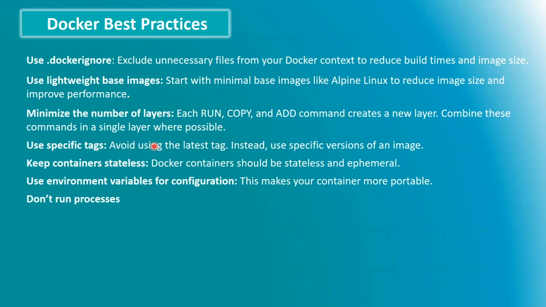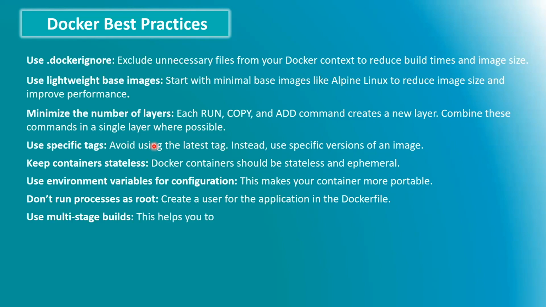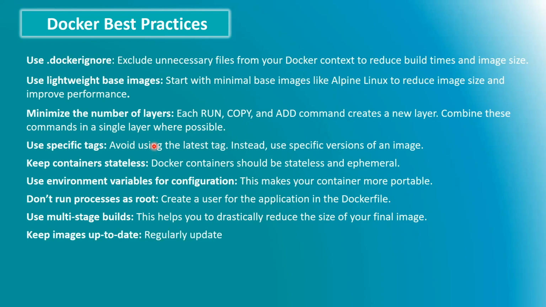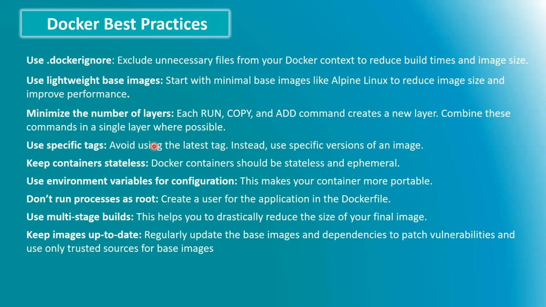Next, don't run processes using root login. This is a very important security best practice. Instead of using root login, create a user with required privileges. Then use multi-stage builds. Multi-stage builds will help you to drastically reduce the size of your Docker image. Then next, keep images up to date. We discussed this during image versioning. Regularly update the base image and dependencies to patch vulnerabilities.